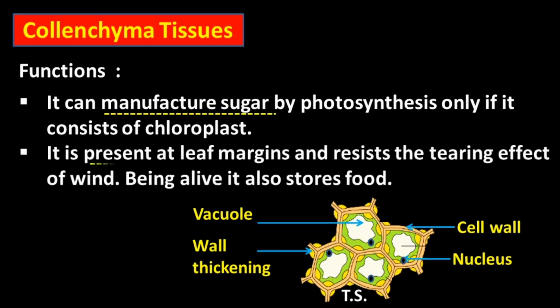It is present at leaf margin and resists the tearing effect of wind. Being alive, it also stores food. Collenchyma, like parenchyma, stores the food material. These tissues are present at the leaf margin and resist the tearing effect of wind. They manufacture sugar by photosynthesis process.